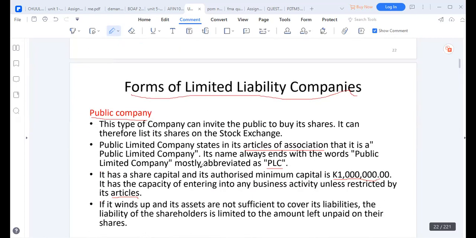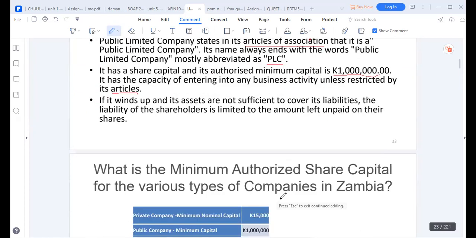They secretly sell their shares. When we go to a public company, we say these can sell their shares on the stock exchange, and it ends with PLC. PLC means a public limited company. And they have a minimum authorized capital of 1 million. So if it winds up, these are sufficient for paying up the creditors.